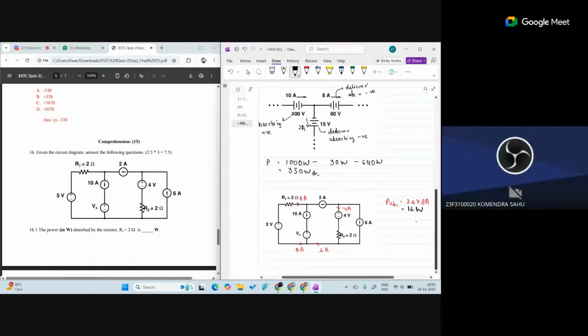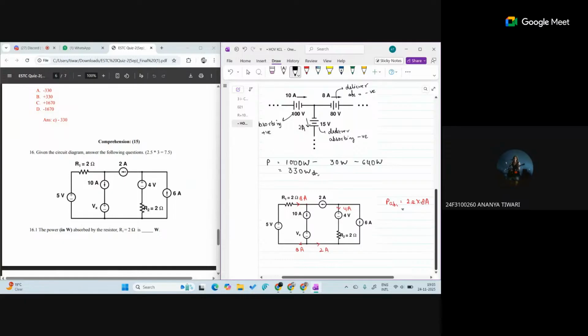No, ma'am, 128. I square R. Yes. So power absorbed would be I square R, which is 8 ampere squared into 2. This is 64 into 2, which means we will get 128 watt.